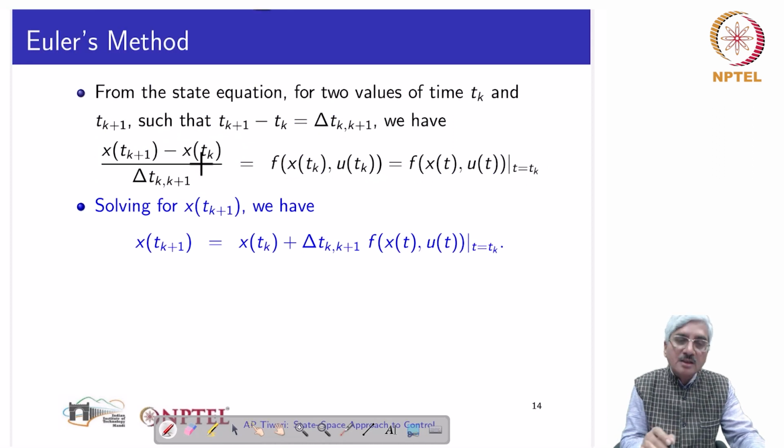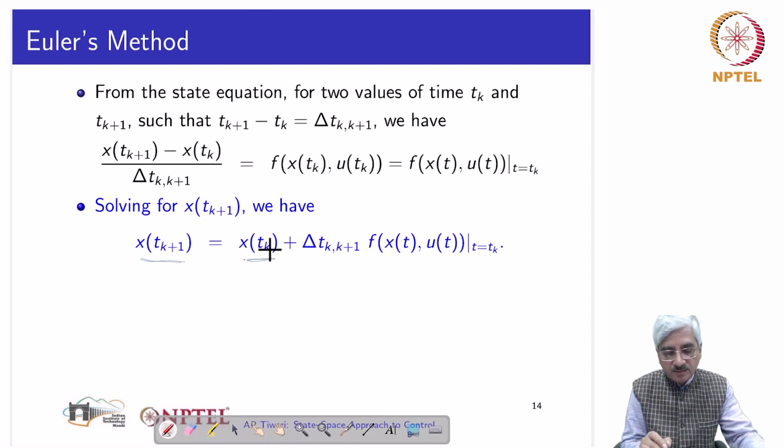Now this can be manipulated and we can obtain the solution for x at tk plus 1, which will be equal to x at tk, the previous time, plus delta t into the function evaluated at t equal to tk.